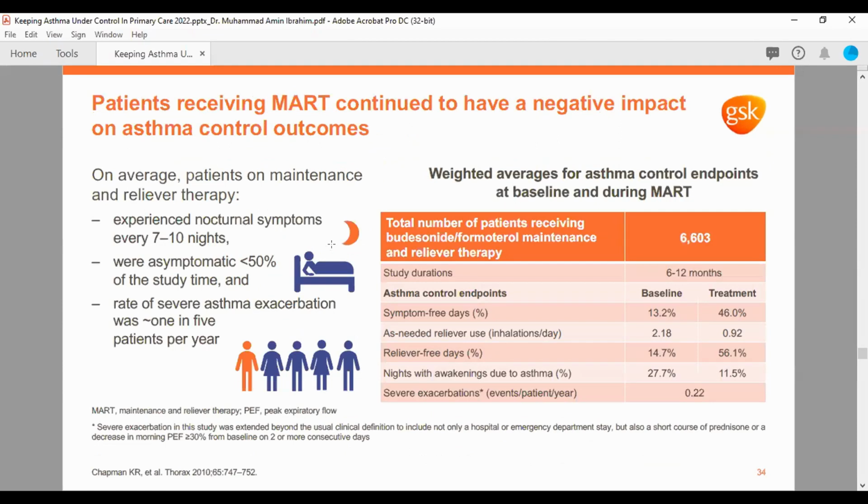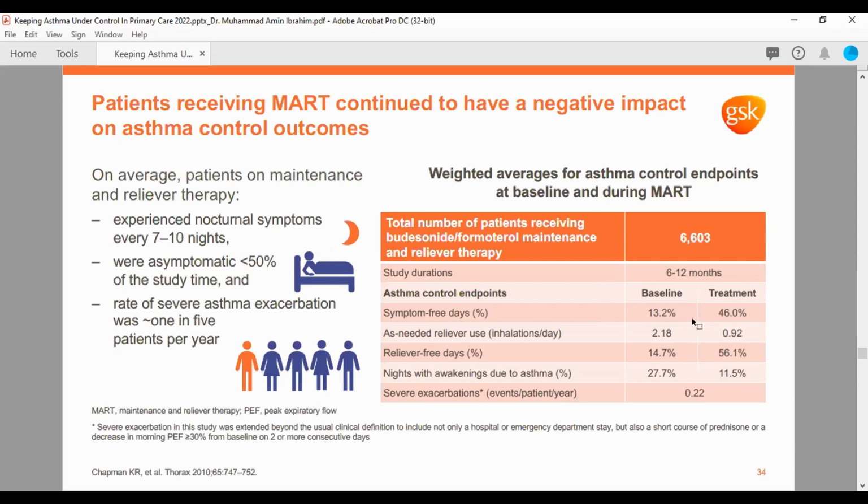So why? Because by giving MART therapy alone, you can see significant numbers of patients. The symptom still improve, but the quantum of the improvement is much less compared to giving ICS LABA in regular basis.